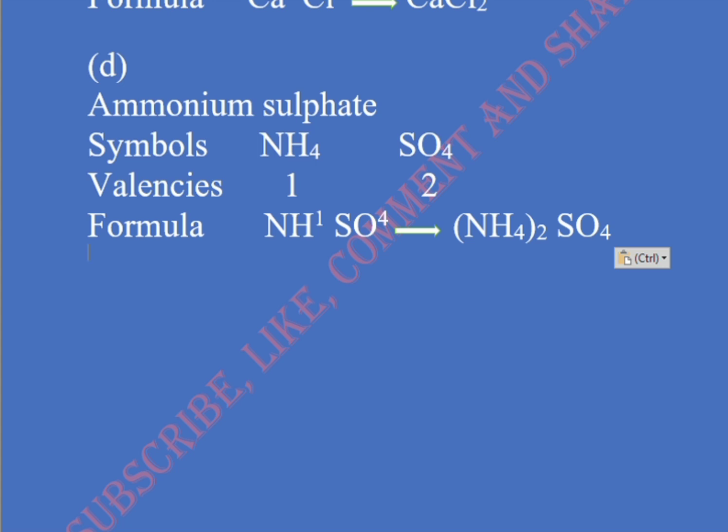Then now we go ahead to write the formula. Because these are radicals, a radical is a group of atoms which cannot exist as one.